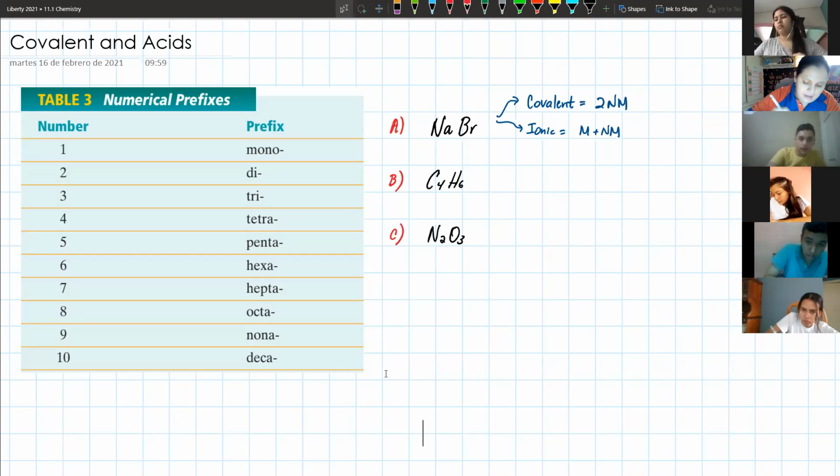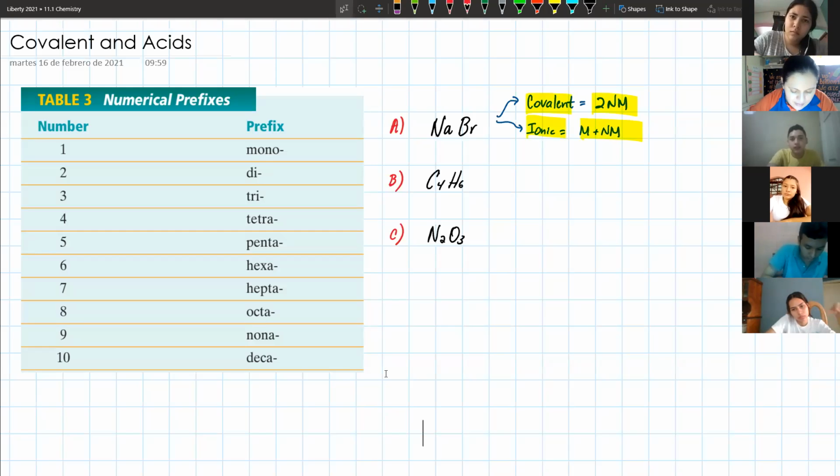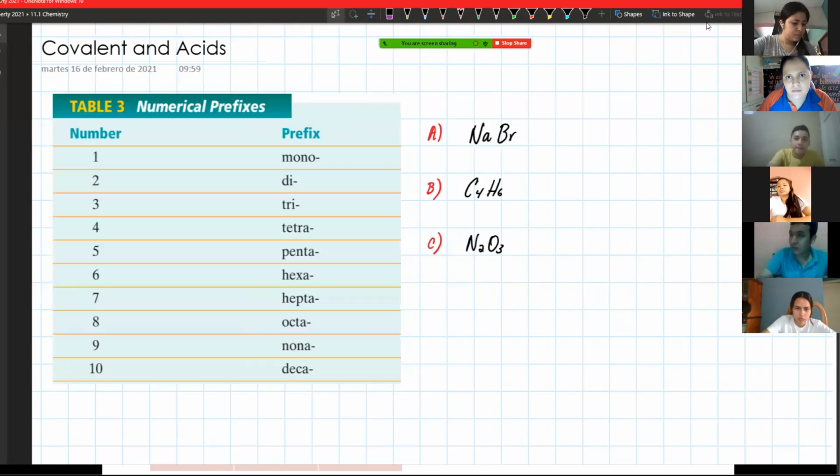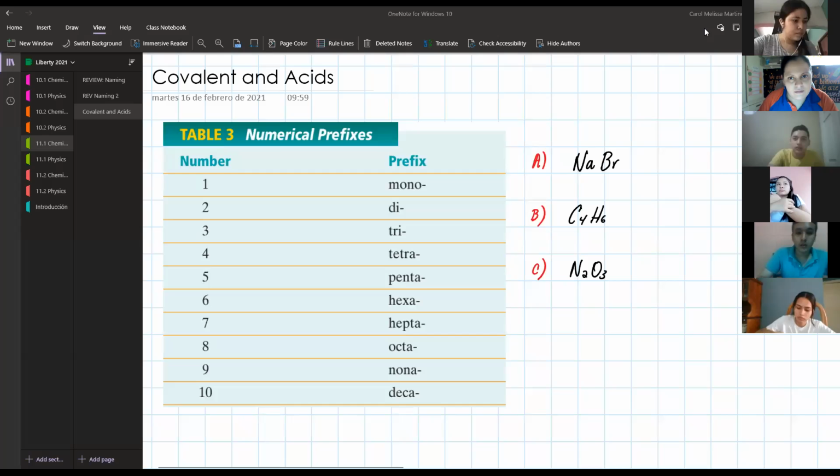So, by knowing this, the example A, is it covalent or ionic? Ionic.